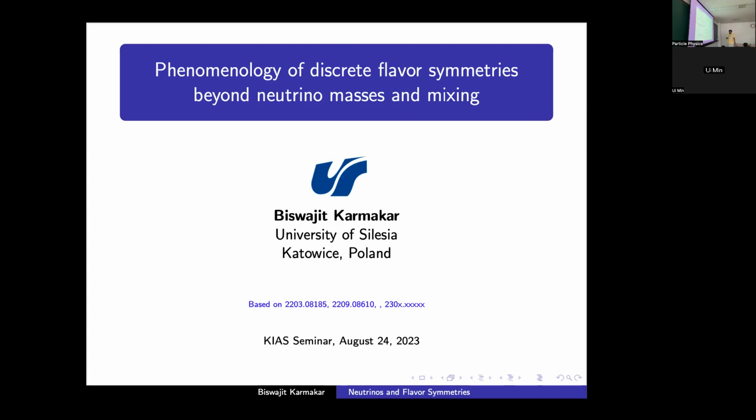In a similar way, the scotogenic contribution can be written, and effectively this is the neutrino mass matrix where both the type 1 seesaw and this one-loop scotogenic contribution contribute. Now, if you rotate this mass matrix with the tribimaximal mixing matrix shown earlier, you can see there are still some off-diagonal entries.